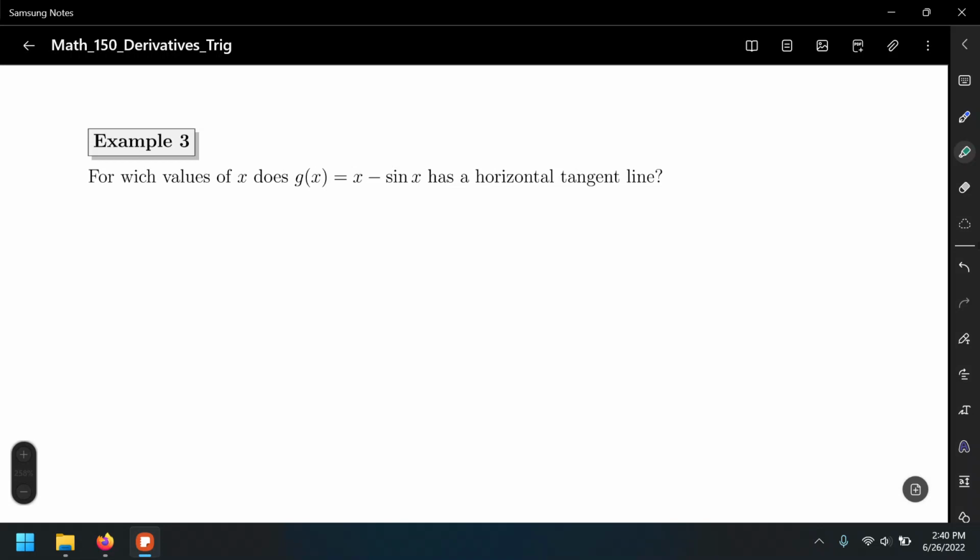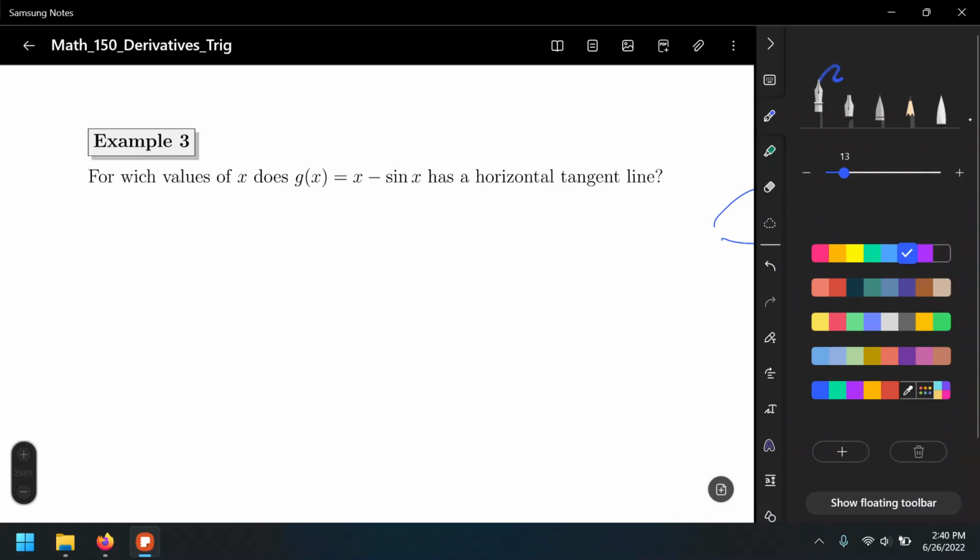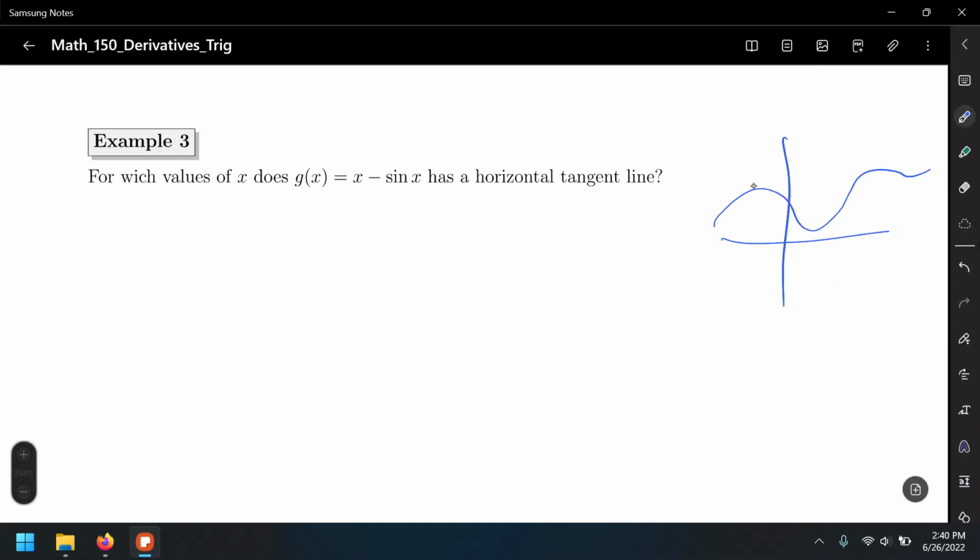This is a very classical question in which they're asking for the values of x for which this given function has horizontal tangent lines. There's a little typo here, it should be another h. Well, horizontal tangent lines: whenever we have a function like this, there is a horizontal line, for example, over here, over there, and yes, over there, and there's another one here, and another one there.